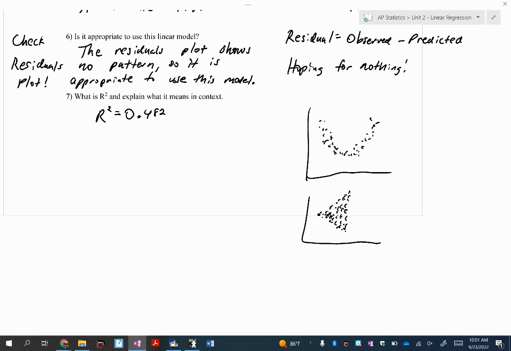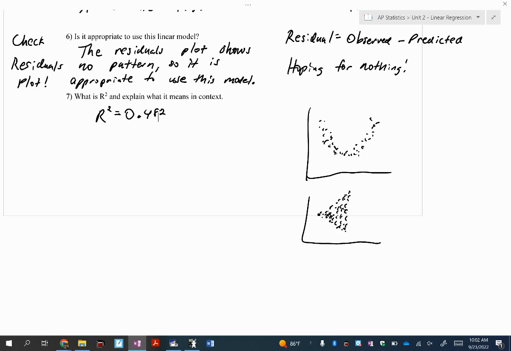I try to tell students that r squared is like how good your model is. You learned from the very first model we ever did that all models are wrong. But this r squared can be something you look at to determine if I really want to use this or not. And so the closer that is to 100% or 1, the stronger or better it is.